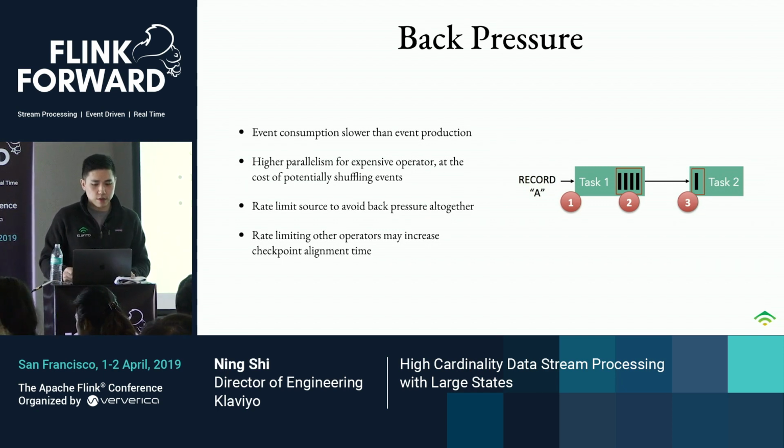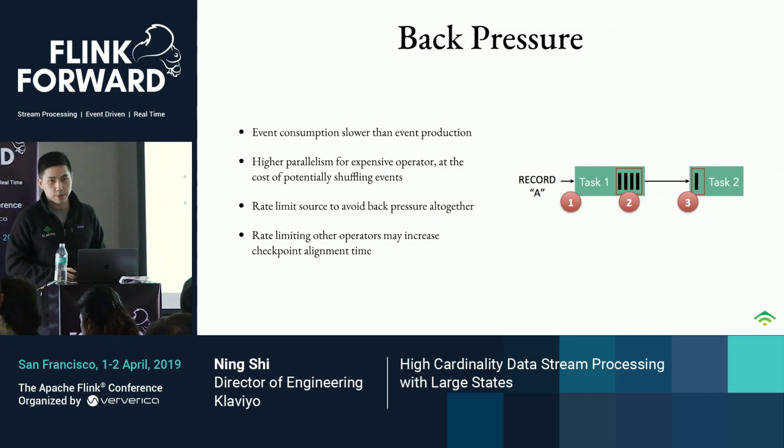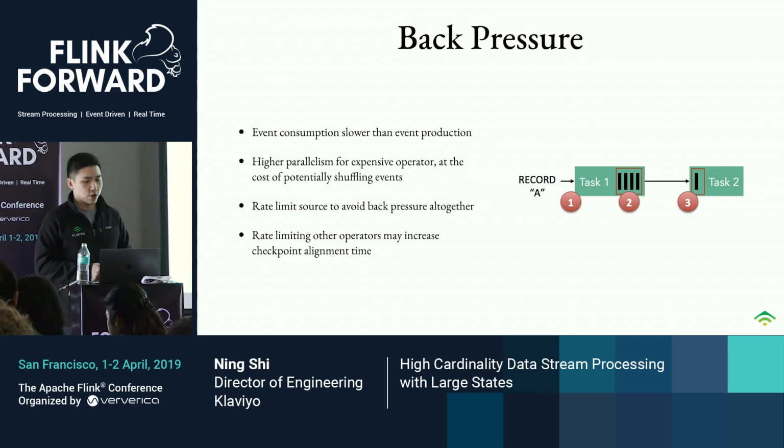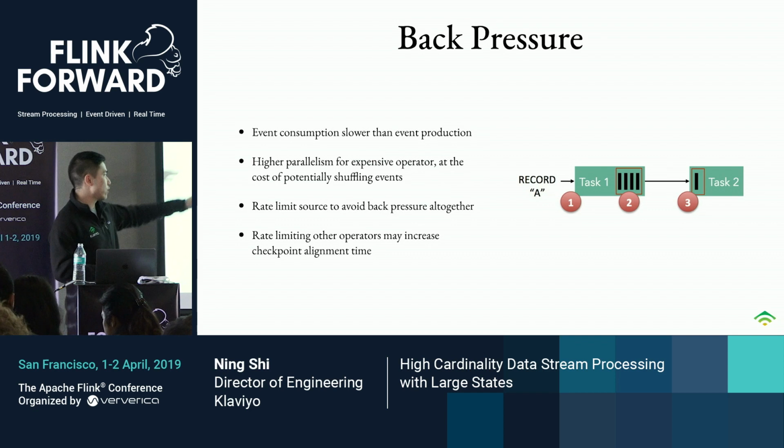And the approach that we found very effective is using rate limiting. When you do rate limiting, you have to put it in the source, just to remember. Because if you rate limit in any of the intermediate operators, you're essentially blocking that operator. So that doesn't work great if you're using checkpointing because the alignment now takes longer. So if you're thinking about rate limiting, put it in the source.